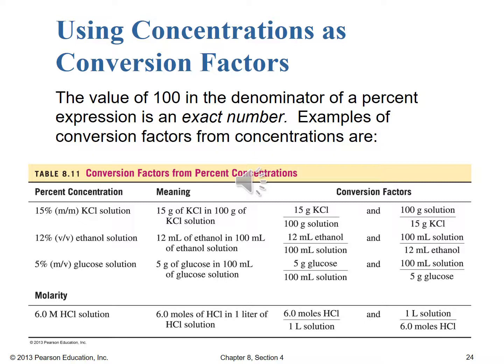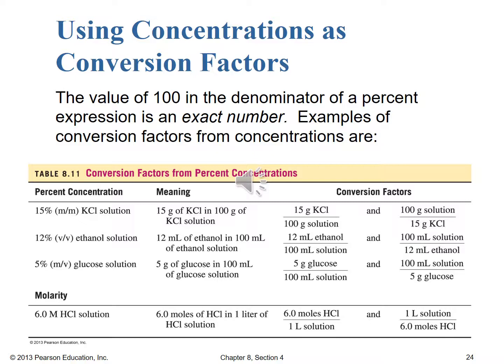Finally, we have that 5% mass per volume glucose solution. We could express that as a conversion factor as 5 grams of glucose per 100 milliliters of solution, or the inverse, 100 milliliters solution per 5 grams of glucose. And yet again, the 100 for the solution volume is an exact number, but the 5 for the grams of glucose is a sig fig limiter. Finally, the most common one now, molarity.